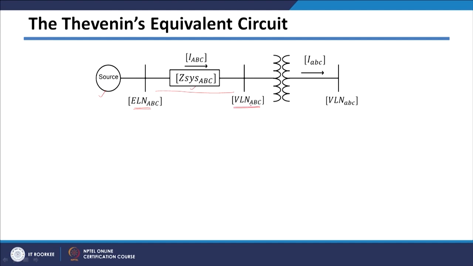Primary transformer voltage VLN ABC, and on the secondary side it is VLN small abc, and the secondary side current is IABC.